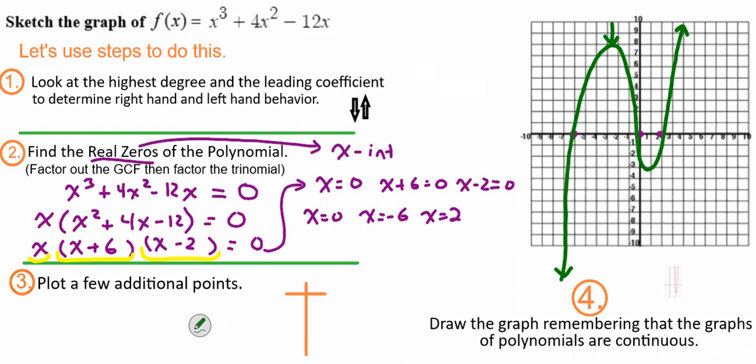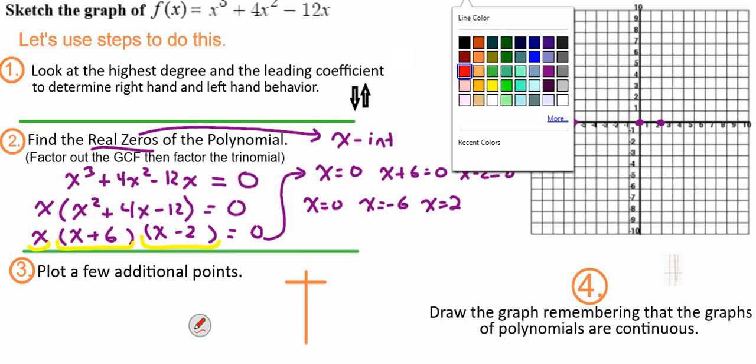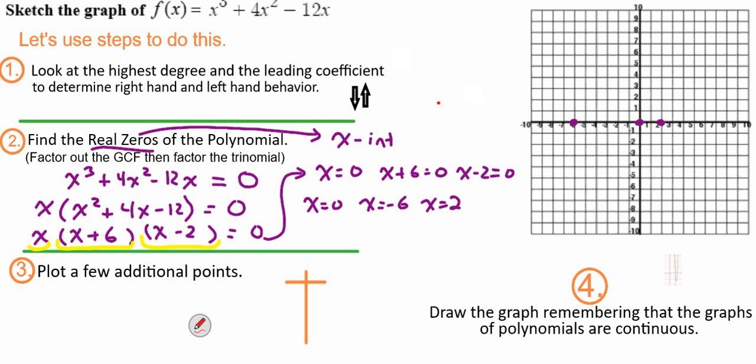So I'm going to take away all the green. Hopefully you were listening to me and not just blindly following me. All right, so we've got to plot a few additional points. Let me switch the color, let me just do red. So as we're looking to the left of this point right here at -6, we know that the function is going to be heading down.